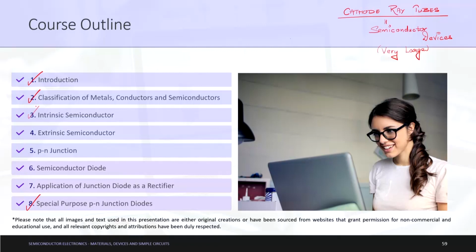And if it is very high, such that even if a very large amount of energy is provided to the electrons in the valence band, they cannot go to the conduction band, then those are nothing but insulators. Okay. So, we understood this complete concept in your second point, that is classification of metals, conductors and semiconductors.